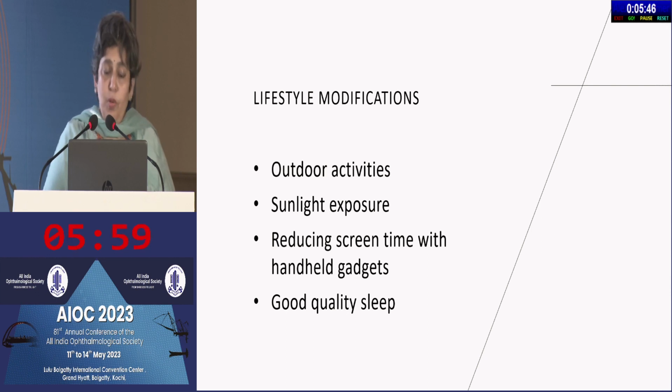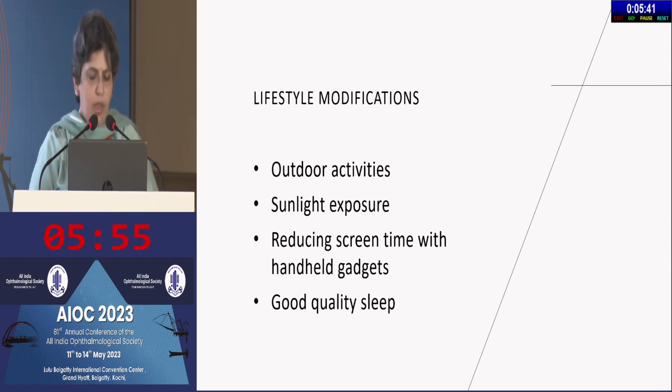So you probably need to spend some time educating parents about limiting the use of handheld gadgets, especially in younger children. Often we have seen the child is fed while being shown the mobile, and that is probably not a great idea for the future. Good quality sleep, at least 8 hours, is also something you should probably insist on.